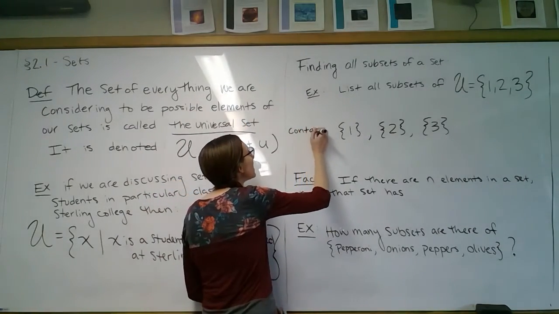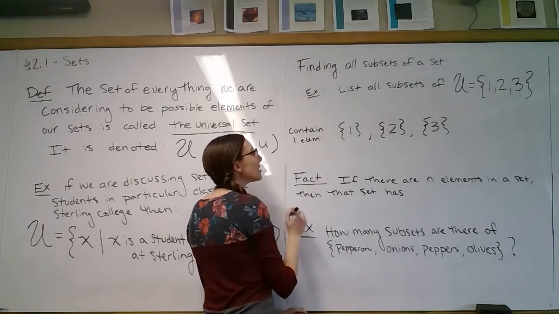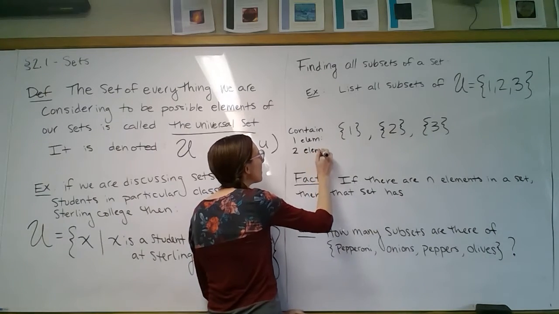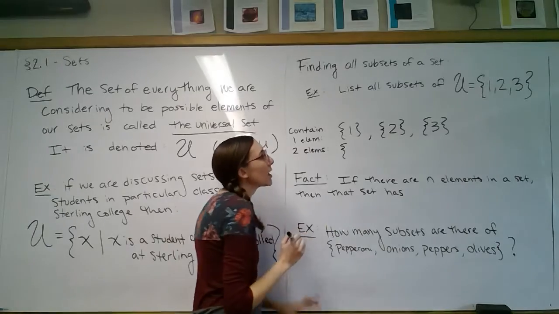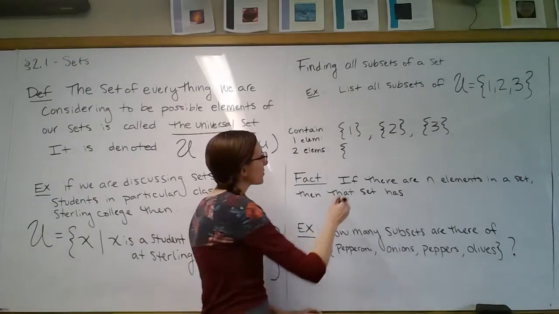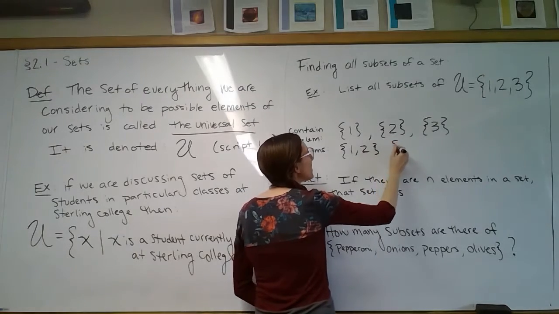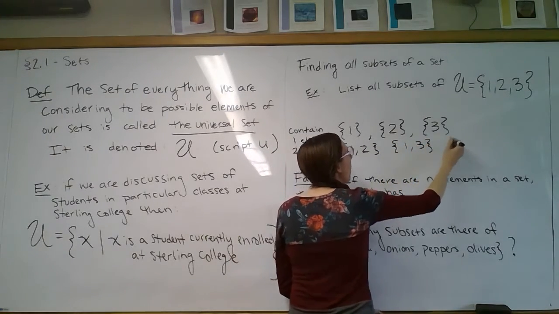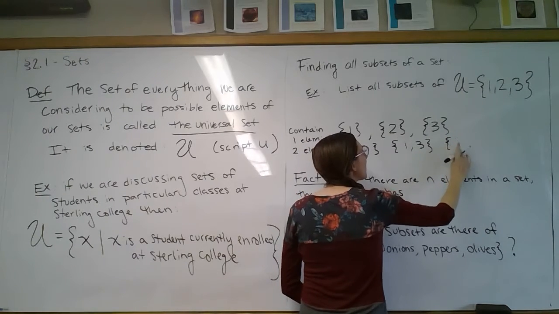So instead we could contain 2 elements. We'll pick two of the things from up there. I could have the set containing 1 and 2, the set containing 1 and 3, or the set containing 2 and 3.